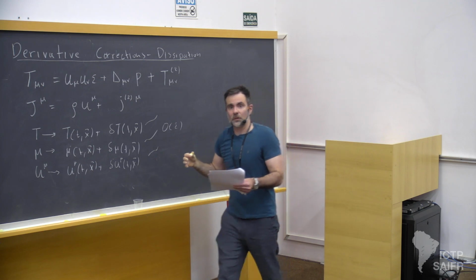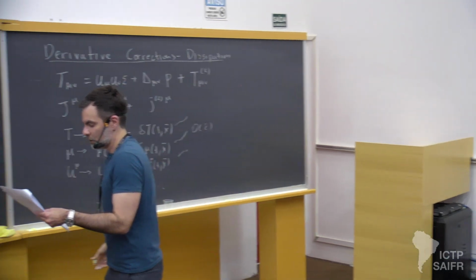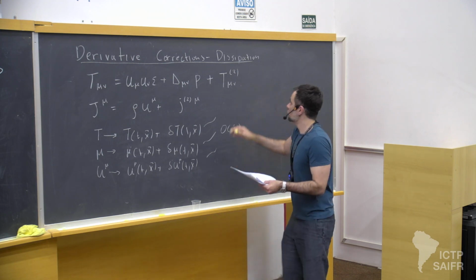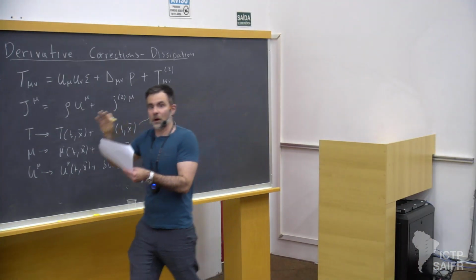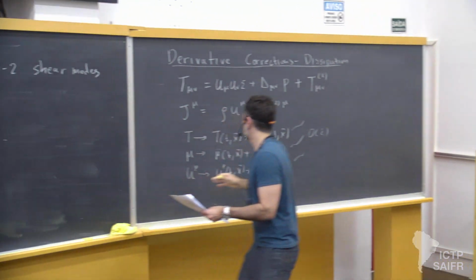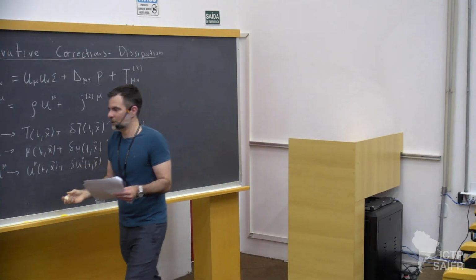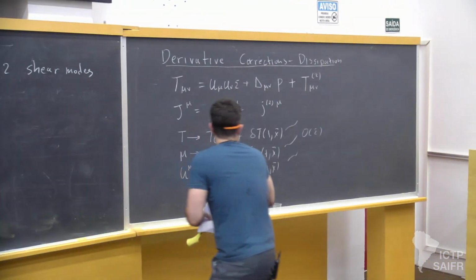Okay, so this is telling you that you basically need to fix a hydrodynamic frame in order to write down some meaningful expressions. We all have to agree what these functions are supposed to do at the end of the day. So how many functions do I have free?